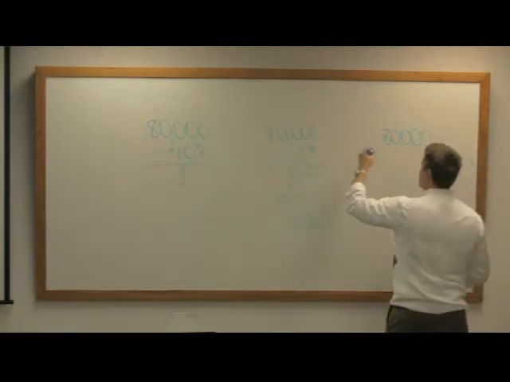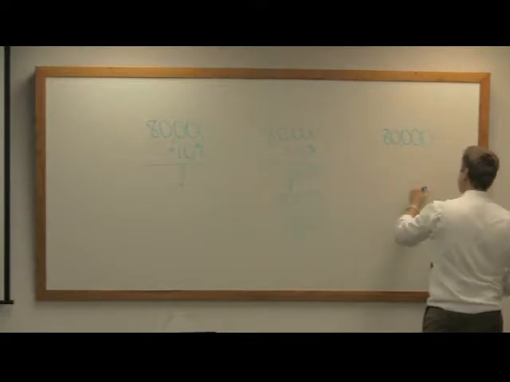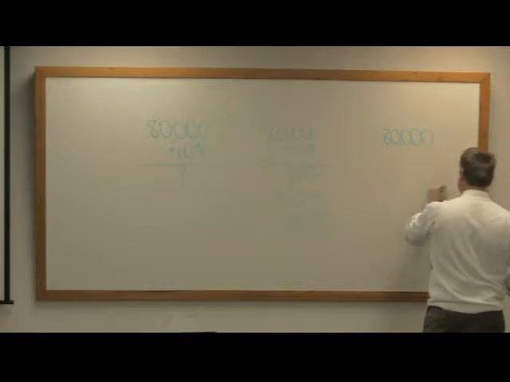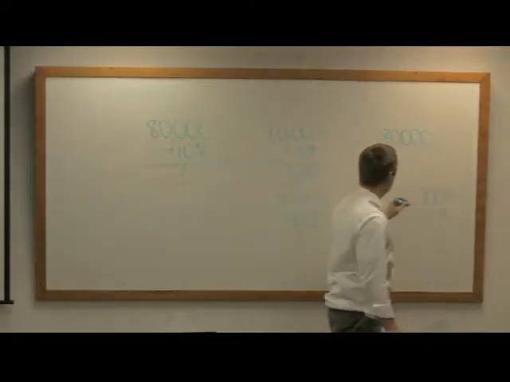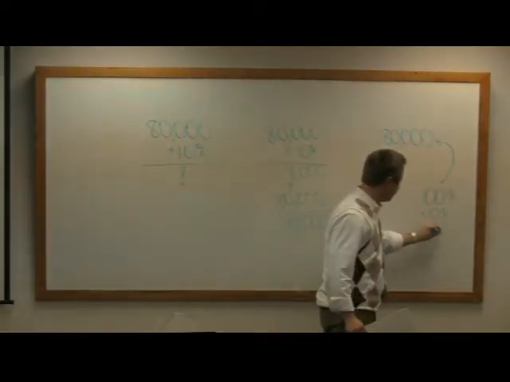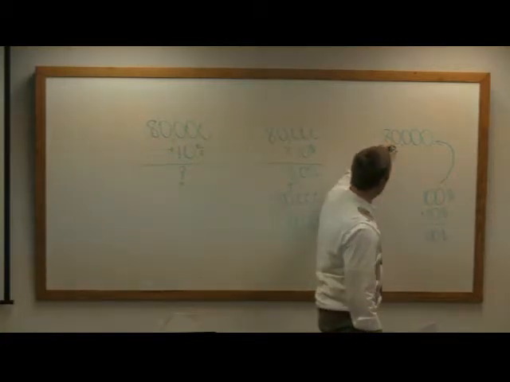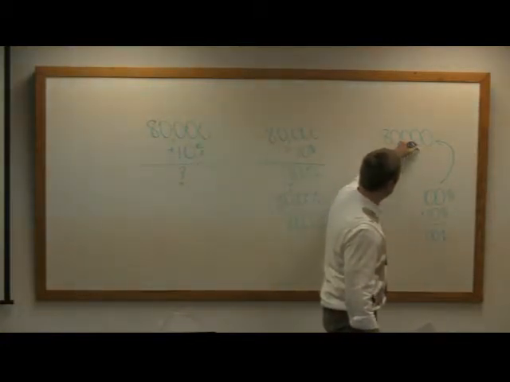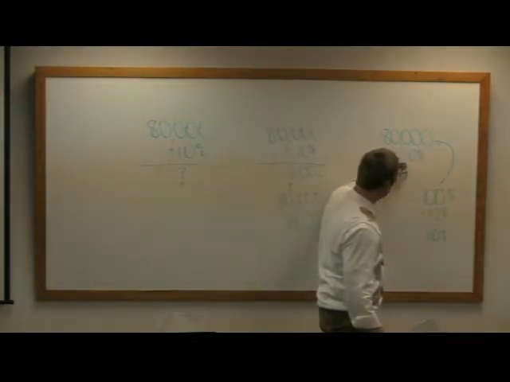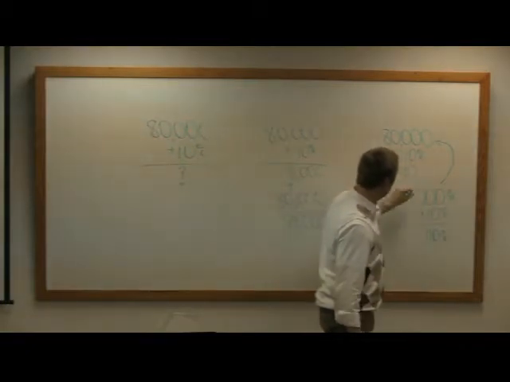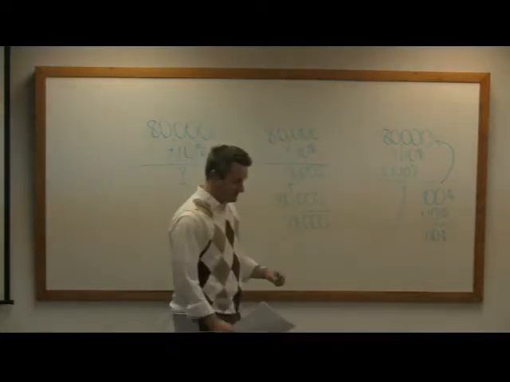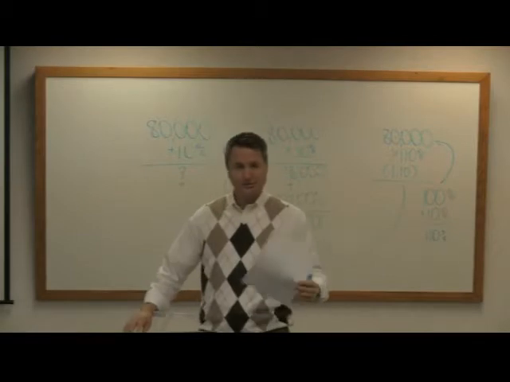So I take 100% plus 10%. 100% here represents my 80,000, so I get 110%. So 80,000 times 110%, or 1.10 on your calculator, and you'll get the 88,000. So, three different ways. There could be a fourth.